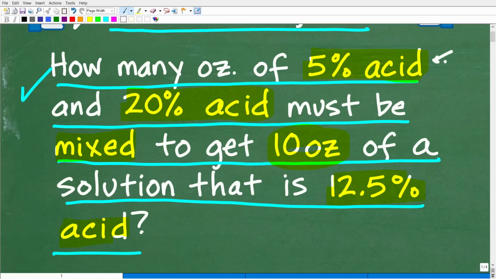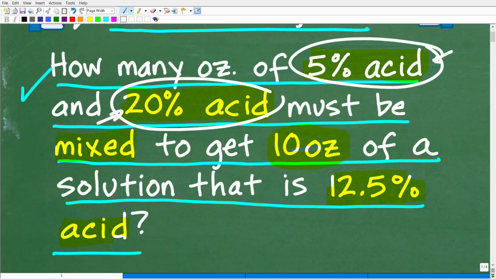So we want to know how many ounces of the 5% and how many ounces of 20% do we need to use to combine this to get 10 ounces so we can get a mixture that is 12.5% acid. So if you are confused, I get that. But as we go through the solution, I promise you, you will understand this.